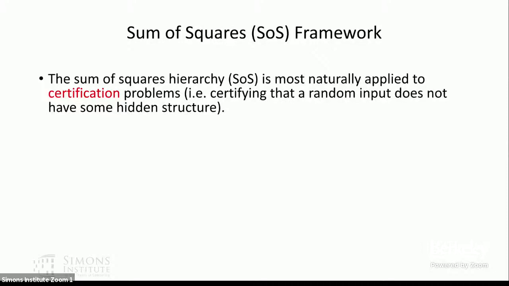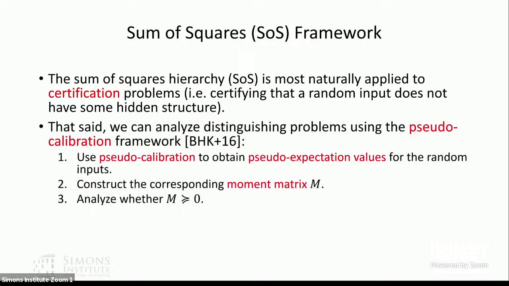In the sum of squares framework, sum of squares is a proof system, so it's most naturally applied to certification problems, where we try and certify that a random input does not have some hidden structure. That said, we can apply it to distinguishing problems with the pseudo-calibration framework. I won't go into this too much, but we first use pseudo-calibration to obtain pseudo-expectation values for the random inputs.